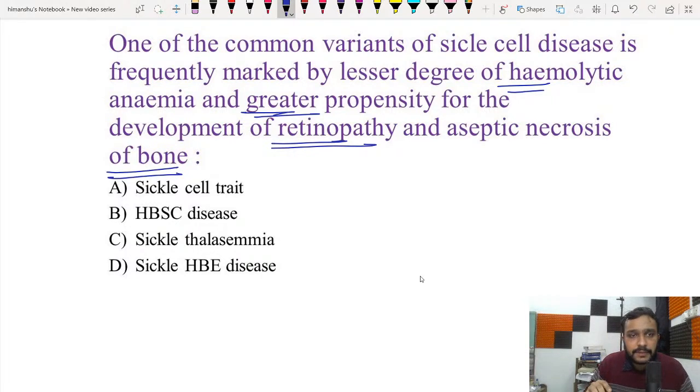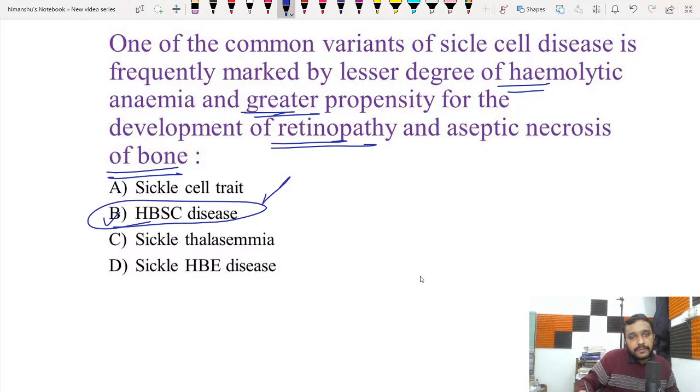Yes, very good. The answer is HbSC disease. Very good, Dr. Karthik Sharma. Basically, in HbSC disease, there is hemoglobin S as well as hemoglobin C.